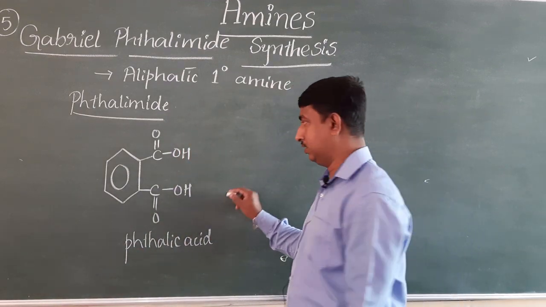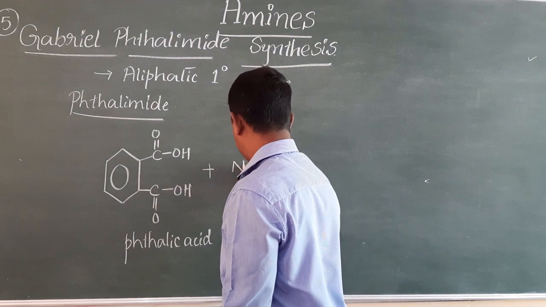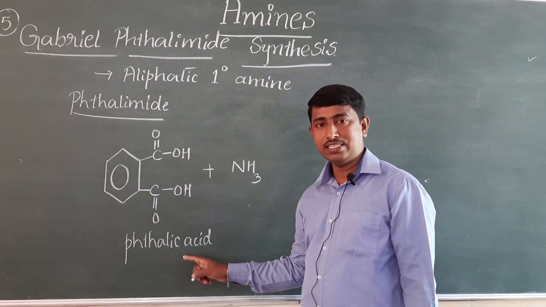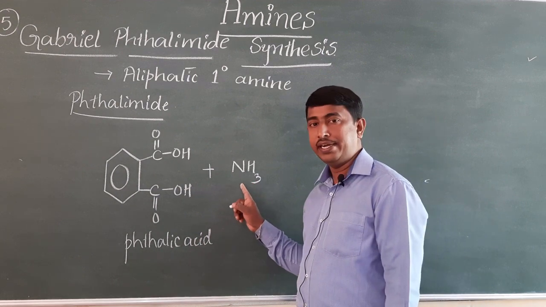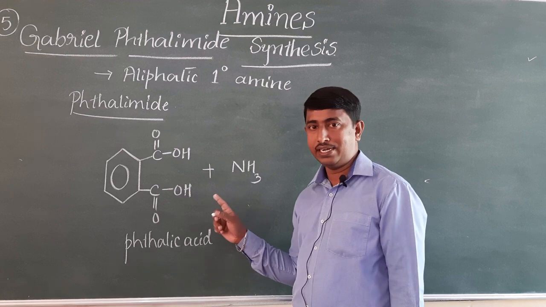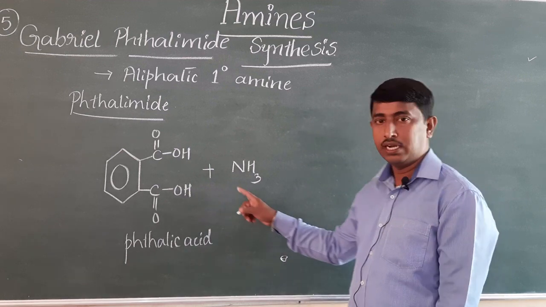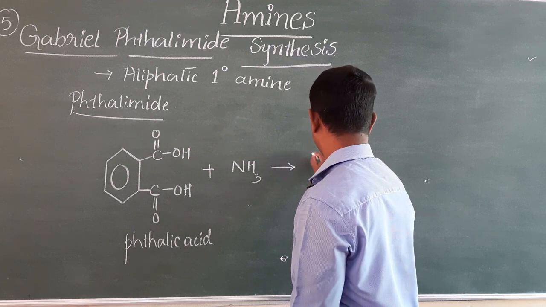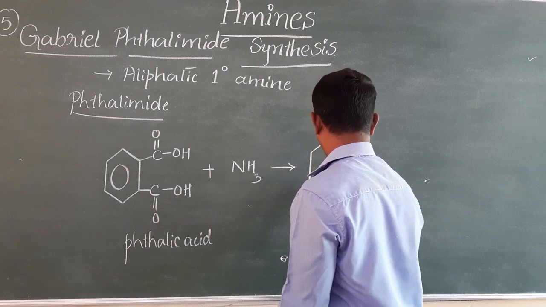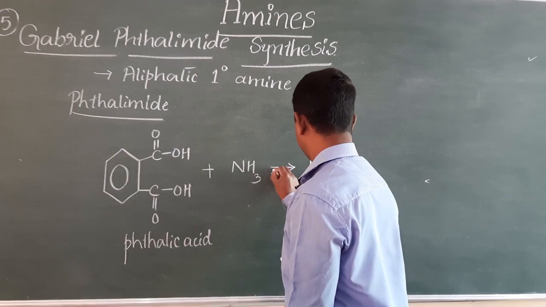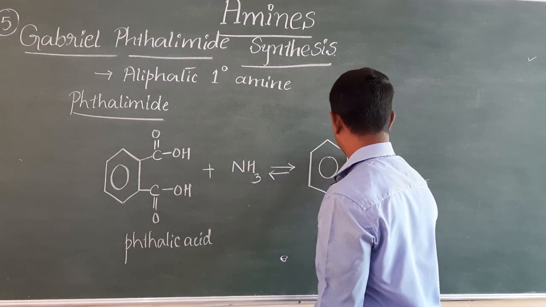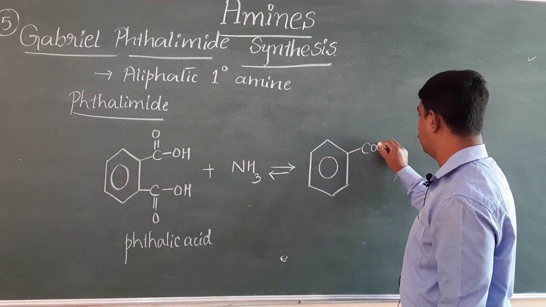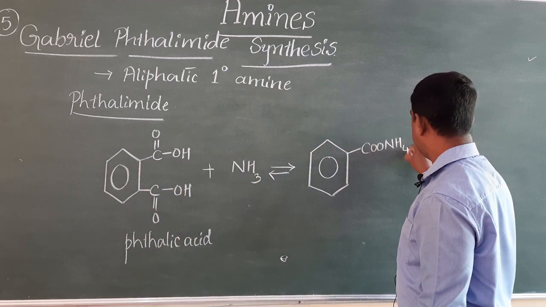Now when this phthalic acid is treated with ammonia, phthalic acid is acidic in nature, ammonia is a base, so an acid-base reaction takes place, forming a salt. COOH becomes COONH4.